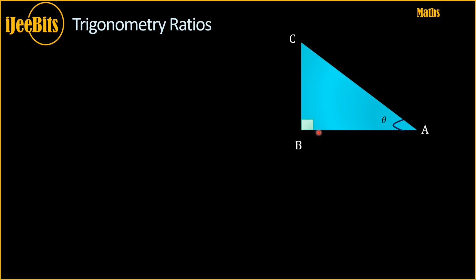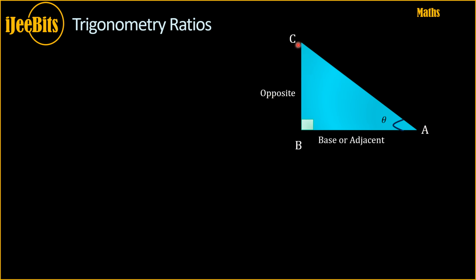This B in a square box symbol here denotes a 90 degree angle. 90 degrees means it is a right angle triangle, right? One of the angles in the triangle should be 90, which is B. Angle ABC is 90 degrees. We spoke about this. AB means base side or adjacent side. BC, which is opposite to A, is called the opposite side.